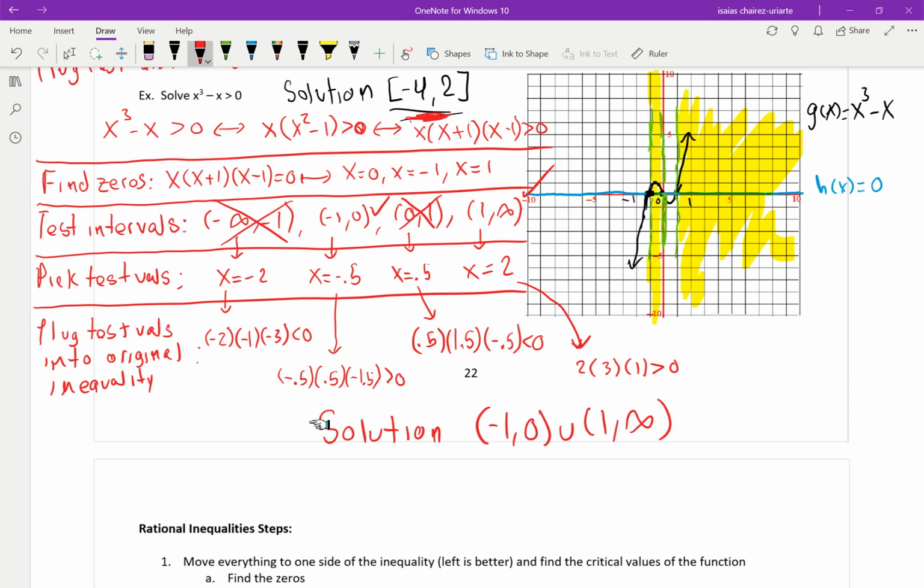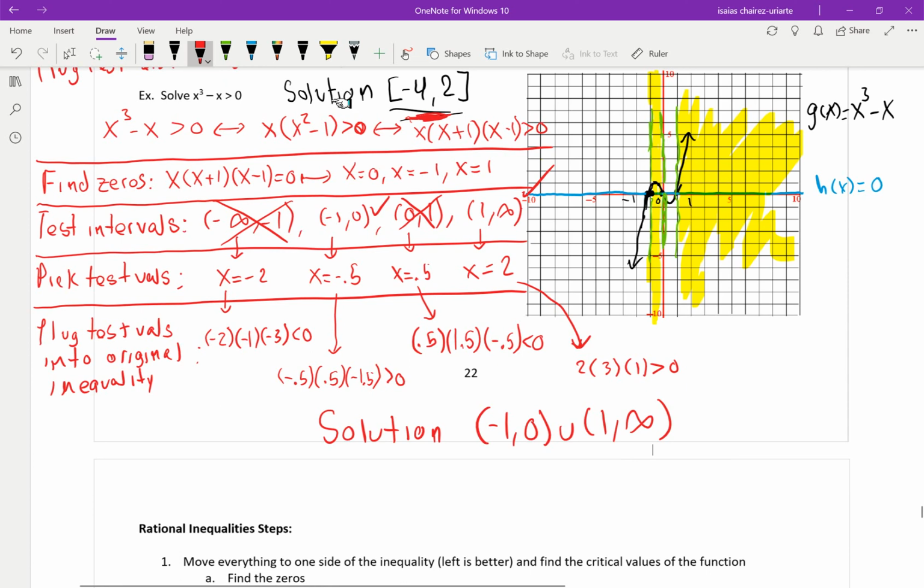Now graphically what's going on is we have a cubic on the left-hand side of the inequality, x cubed minus x. Turns out that if we graph that, its graph looks like this little black curve here. It hits the x-axis at -1, at 0, and at +1. The multiplicities of all of the x-intercepts are odd, so we're always crossing the x-axis.